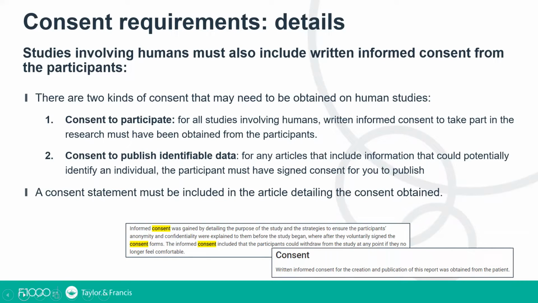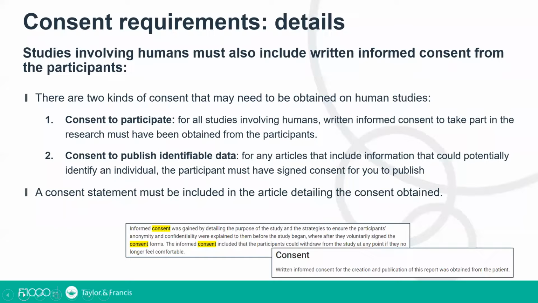If you are publishing any identifiable data, you will need to have obtained consent to publish from the participants. You can see an example here of what a consent statement looks like: written informed consent for the creation and publication of this report was taken from the patient. So it has to be very clearly stated.